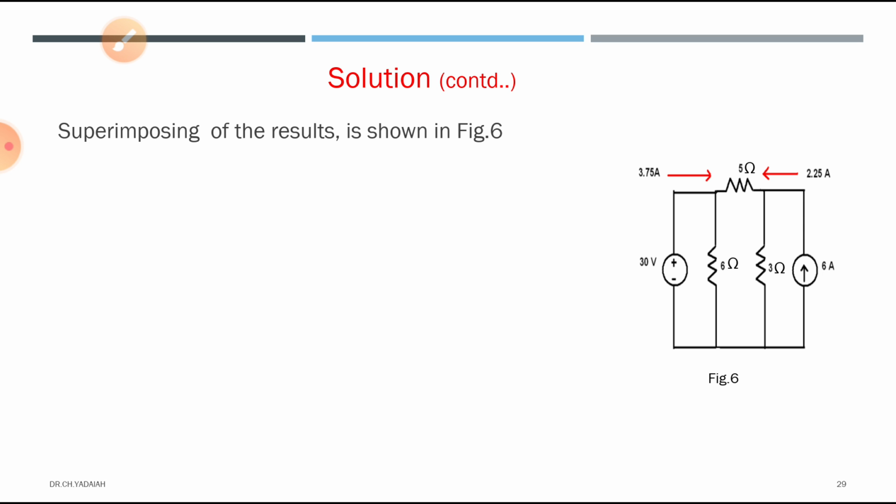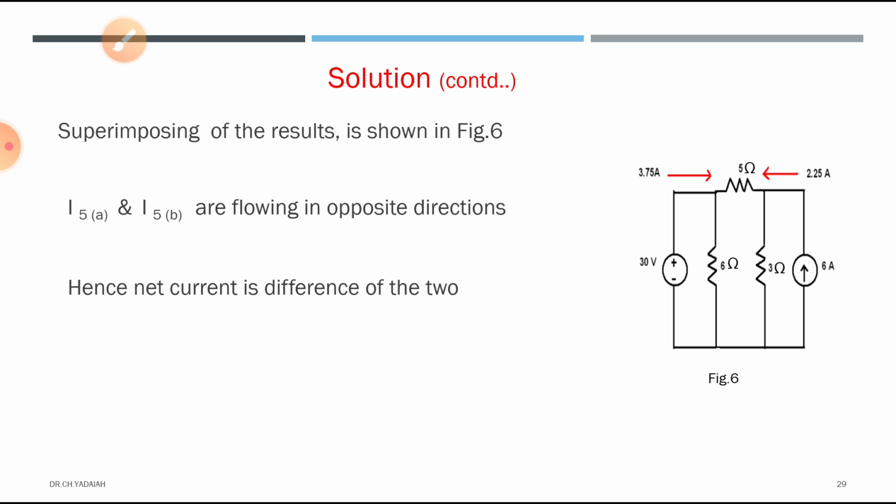With the 30 volt voltage source, the current is 3.75 amperes from left to right. Both are in opposite directions. So the net current is the difference of the two values, 3.75 minus 2.25, which gives 1.5 amperes. The current flowing from left to right is the correct answer.